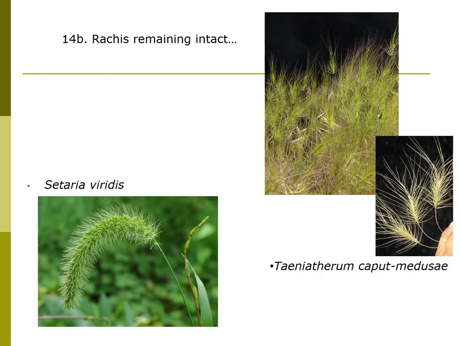So if the rachis remains intact and only the florets fall out, leaving the rest of the structures behind, then you might be looking at medusahead, Taeniatherum caput-medusae. Another plant to consider is Setaria viridis, or one of our true foxtails.